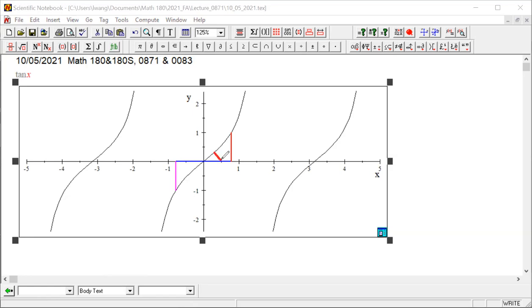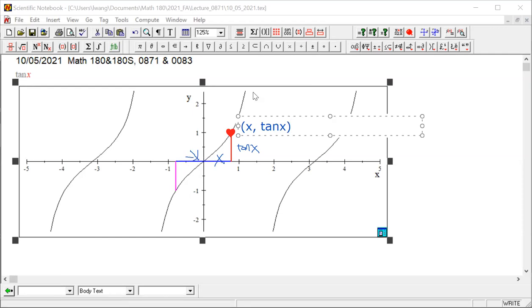So if this piece is x, horizontal, and that piece is a negative x. The red is going to be tangent x. So that point is what? It's x, tangent x. x is the input. How about the other side?